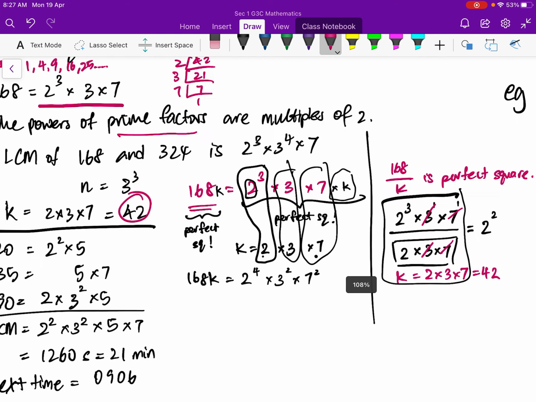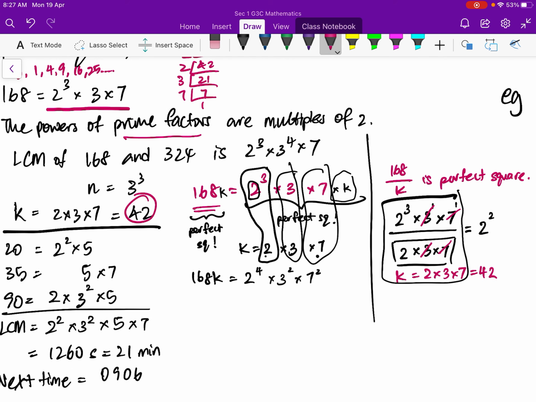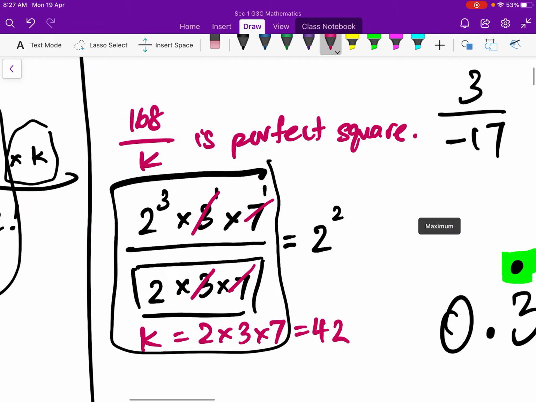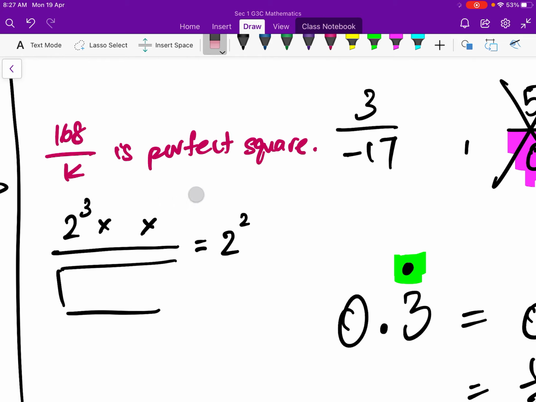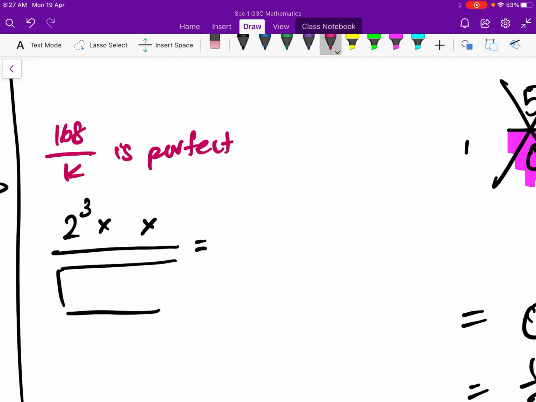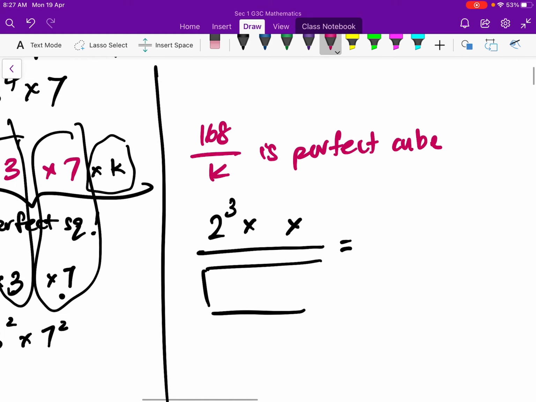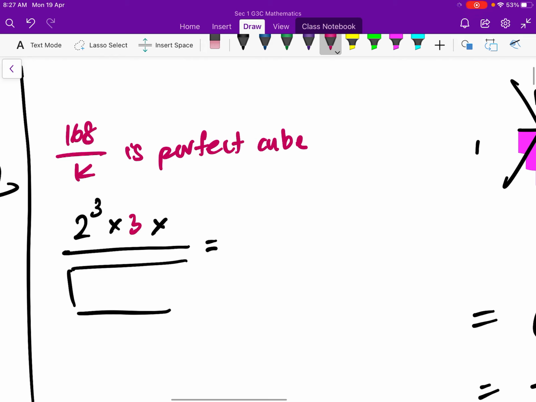Now, if the question is asking about perfect cubes, then the answers will be different already. So back to this. To make this a perfect cube, what was the other number? 3 and 7.